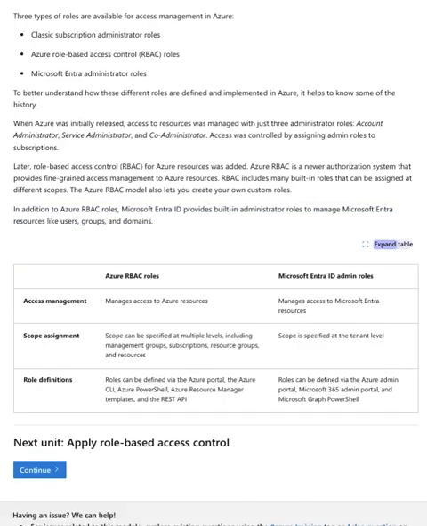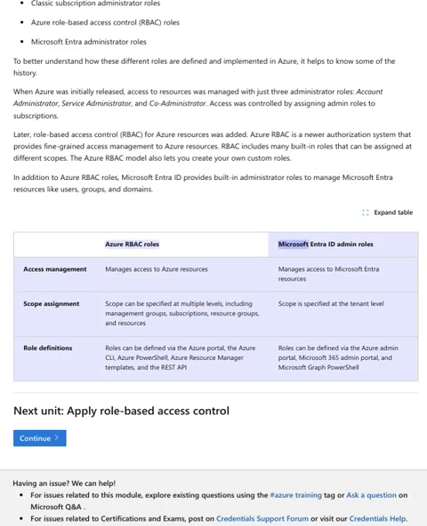Azure RBAC roles: access management manages access to Azure resources; scope can be specified at multiple levels, including management groups, subscriptions, resource groups, and resources; roles can be defined via the Azure portal, the Azure CLI, Azure PowerShell, Azure Resource Manager templates, and the REST API. Microsoft Entra ID admin roles: access management manages access to Microsoft Entra resources; scope is specified at the tenant level; roles can be defined via the Azure Admin Portal, Microsoft 365 Admin Portal, and Microsoft Graph PowerShell.